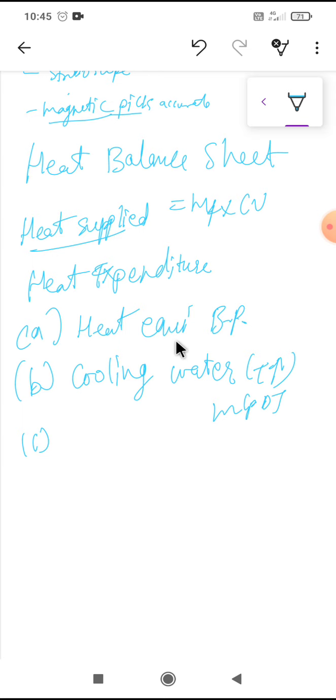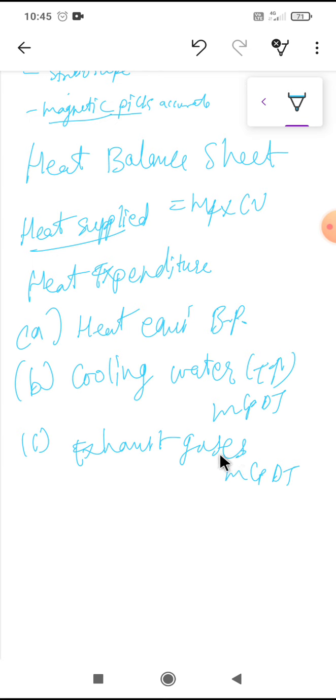Then heat carried away by the exhaust gases. So here also we will use the same formula, that is mcp delta t. Here the mass flow rate considered is that of the exhaust gases.